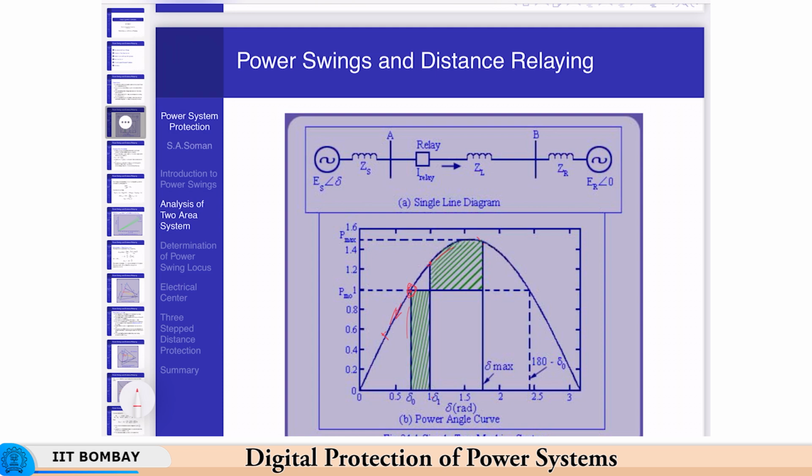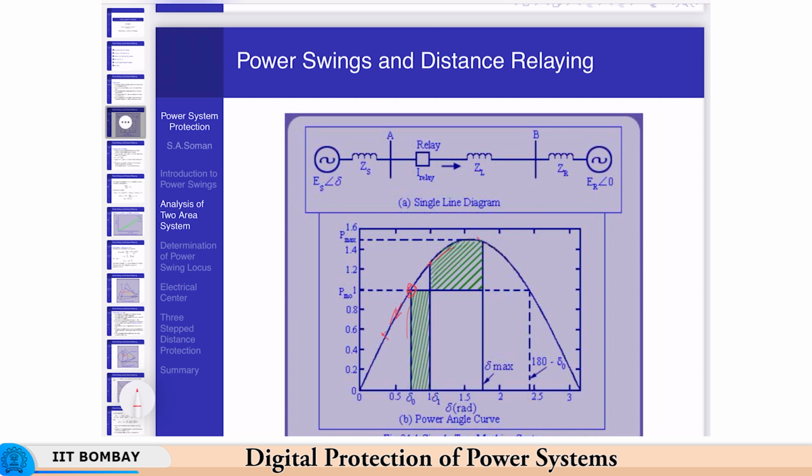How these oscillations appear on our R-X plane is of interest, but we will go through that step by step. We will first complete a few details on this P delta curve itself.